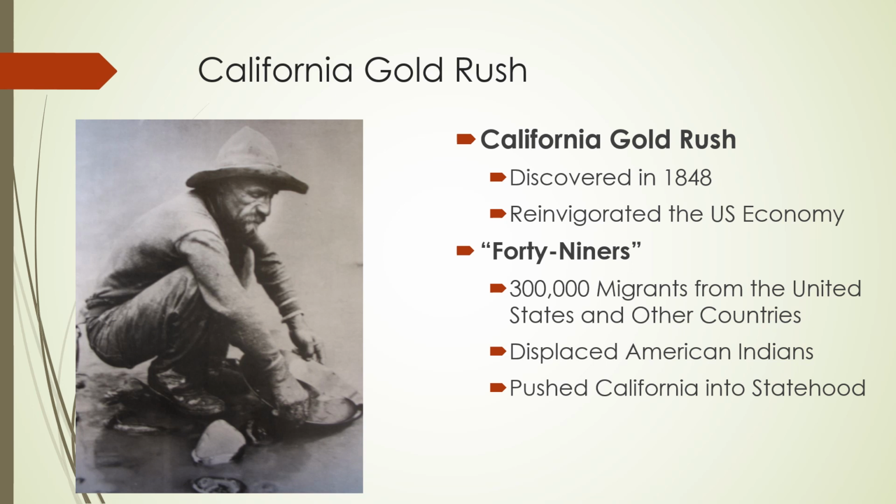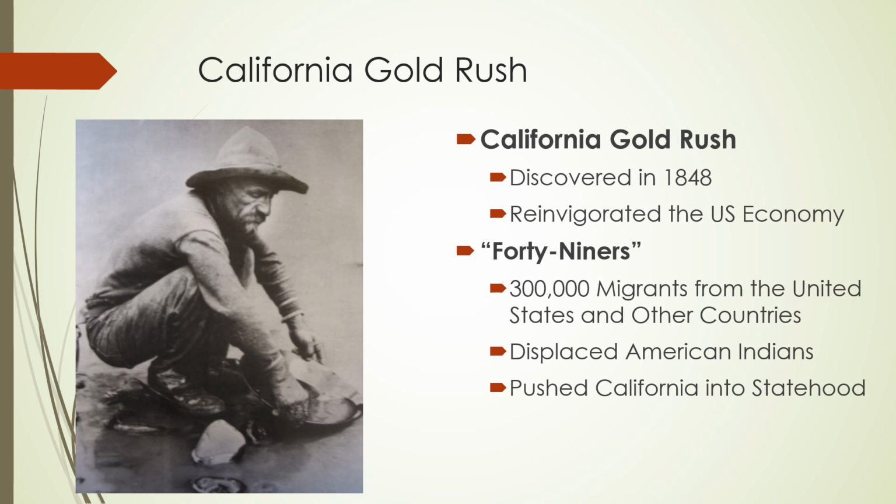California upsets that whole system because California skips the middle, right? California is on the west coast. So all that land in the middle, everything from like Kansas to Wyoming and Montana, all of that territory is now passed over for settlement in California. So California is ready to be a state.